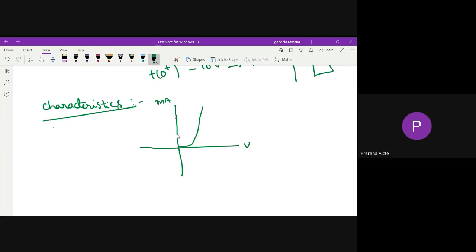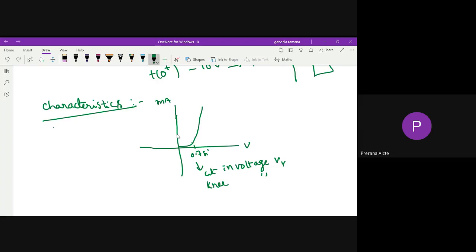This is called the cut-in voltage V gamma, or knee voltage, or threshold voltage.